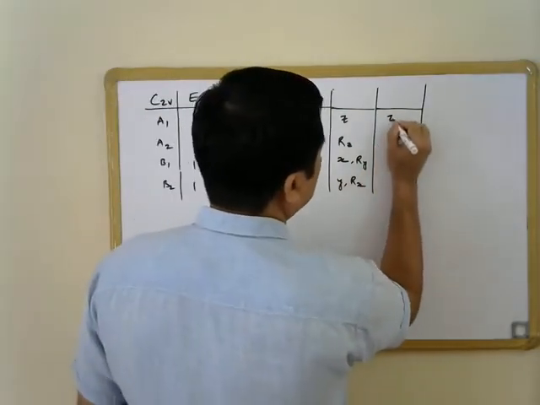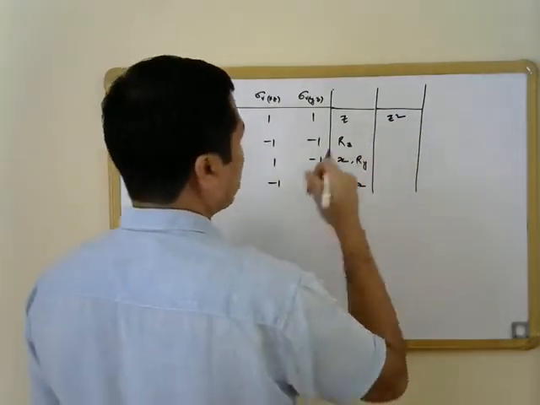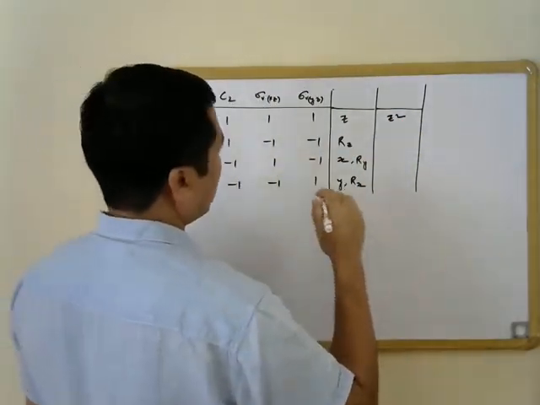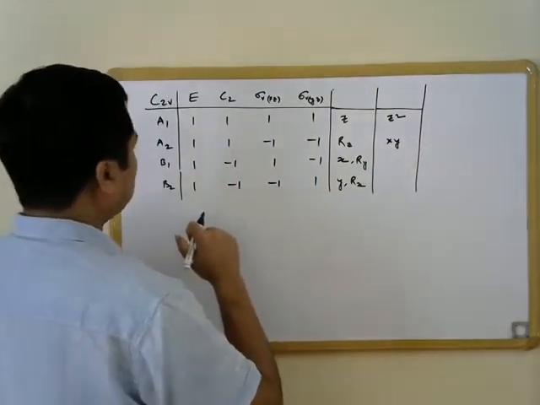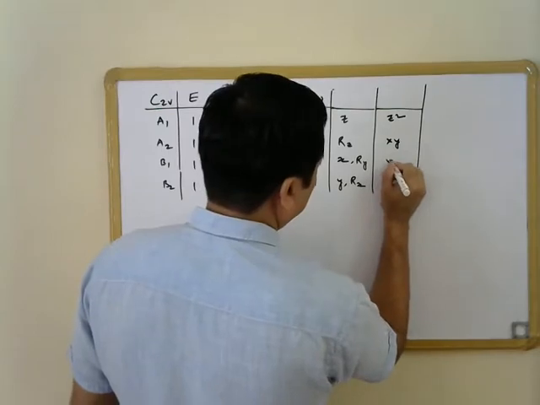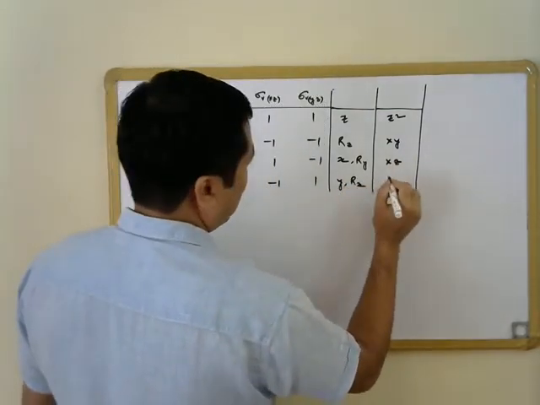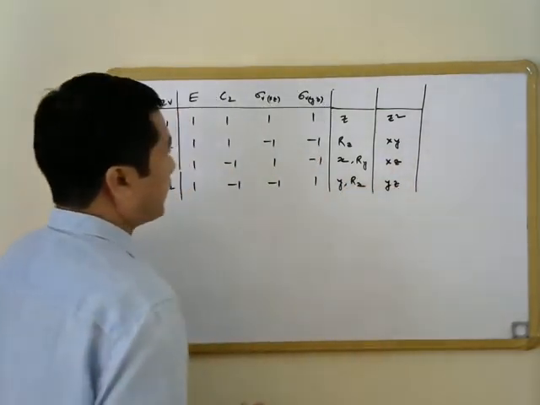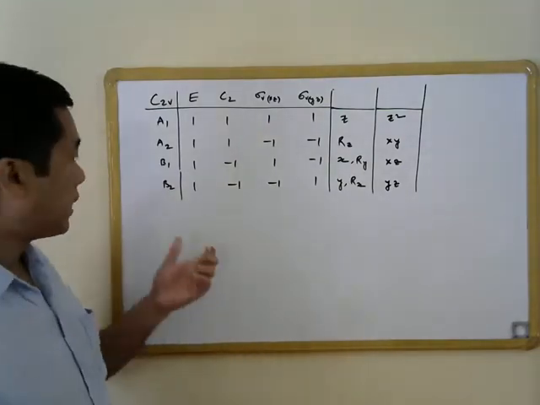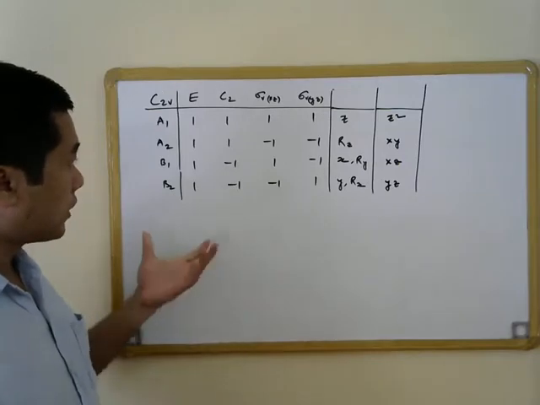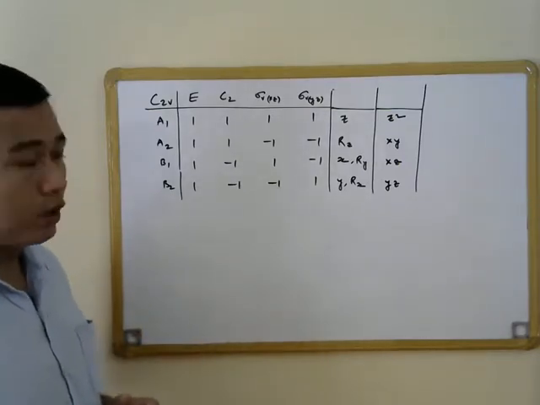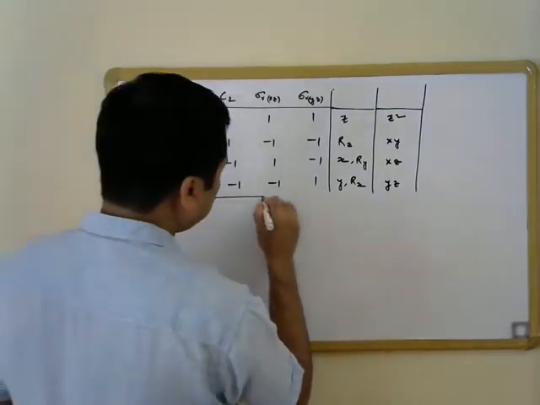Then the z square orbital transforms as A1, the xy orbital transforms as A2, and the xz and yz orbitals transform as B1 and B2 irreducible representations respectively. So this is the character table of C2v point group.